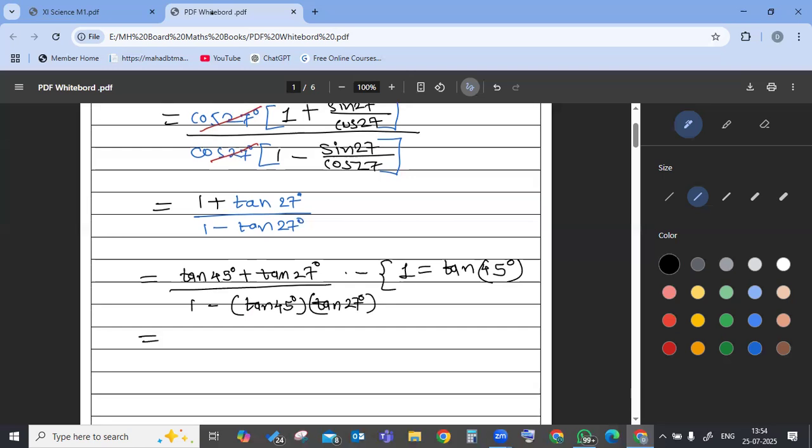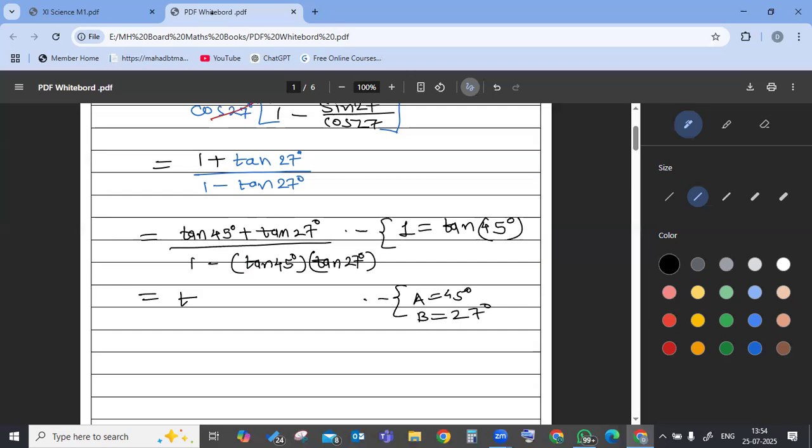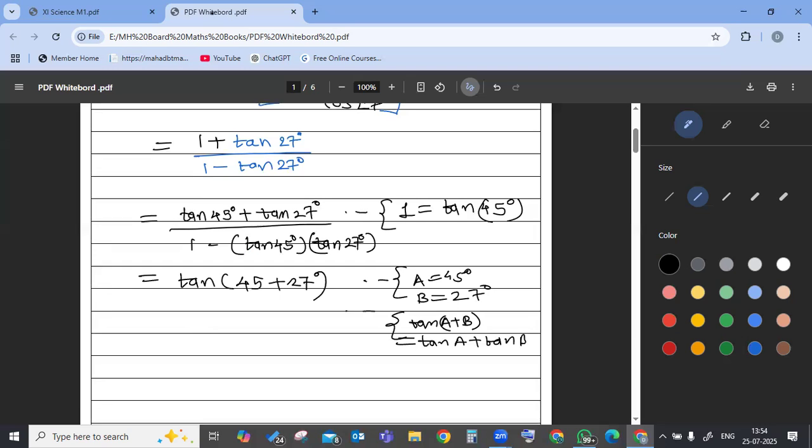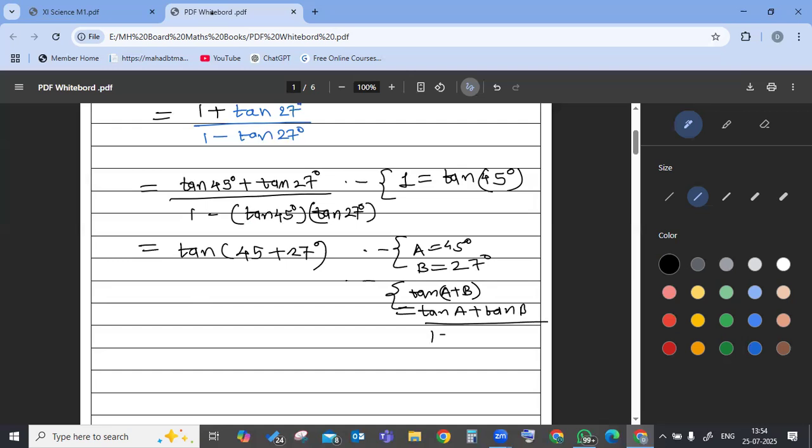Tan A equals 45 degree, B equals 27 degree. So it becomes what? Tan A plus B, since tan A plus B is equal to tan A plus tan B divided by 1 minus tan A into tan B. Is it clear?